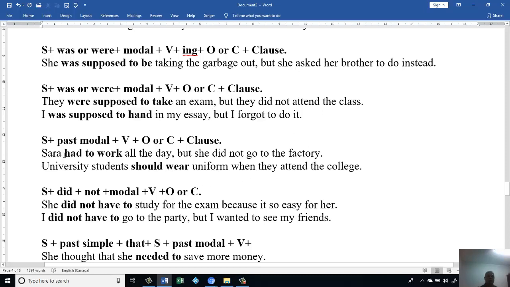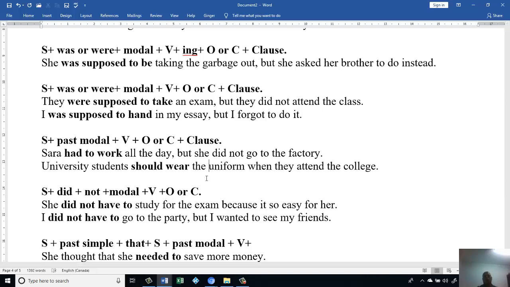Sometimes we could have the modal itself in the past. Sarah had to work all day, but she did not go to the factory. Or university students should wear uniform when they attend the college. Sometimes we say the uniform or one uniform.